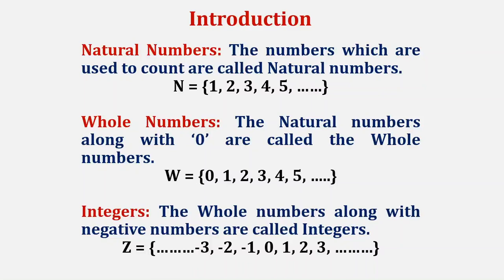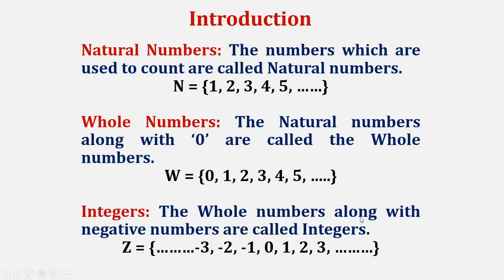Next, by extending the whole numbers, from this class we are going to learn about the next number system, which is called integers. So integers we can define with the definition of whole numbers. The whole numbers along with negative numbers are called integers. Just we are annexing one more set of numbers which is negative numbers to the whole numbers.